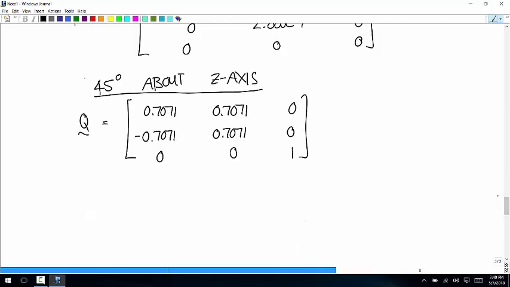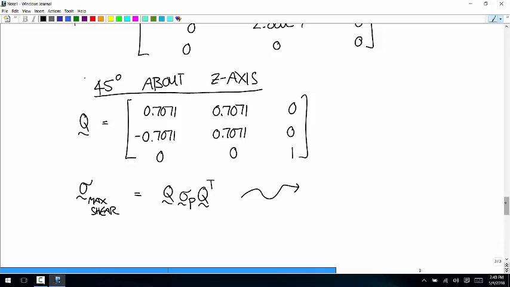And if you do that, the stress tensor with the maximum shear stress is Q times the principal stress tensor times Q transpose.